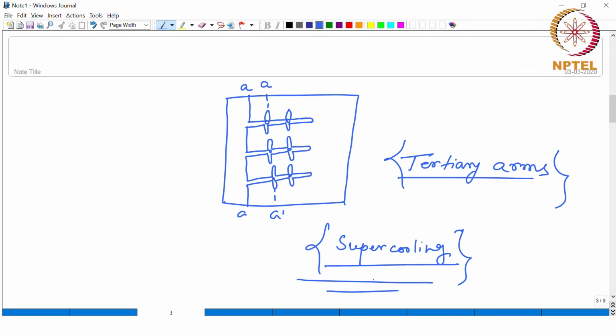Unless the heat is continuously extracted from the liquid by external heat removal. Unless that is done, this dendritic growth will not continue to completion, because there will not be enough supercooling during the entire process, right. And therefore, for the dendritic growth to complete totally and give rise to a complete dendritic structure, an external heat removal is required.